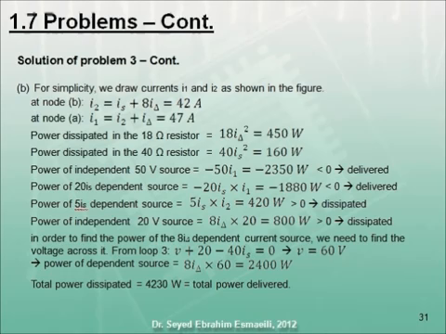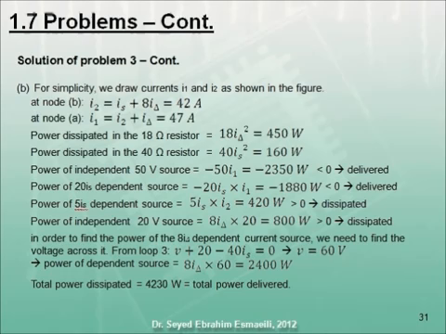The current in the first dependent voltage source is also flowing in the direction of voltage rise. The power equation is written as P equals minus 20 IS times I1, which equals minus 1880 watts. The negative power indicates that it's being delivered or generated.